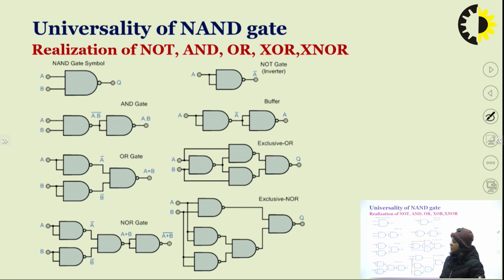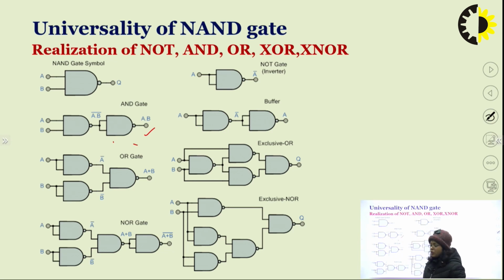Now we can realize any type of gate using universal gates, that is NAND and NOR. We will start from the first one, that is NAND gate. For NAND gate, the symbol is this. If we design an AND gate, we simply add a NOT gate at the output of NAND gate to get AND gate.